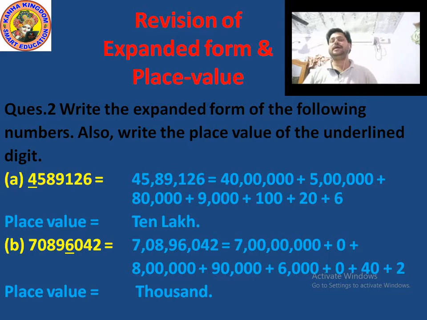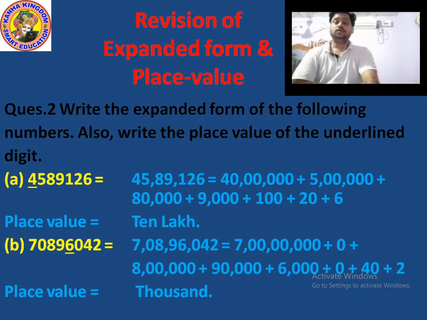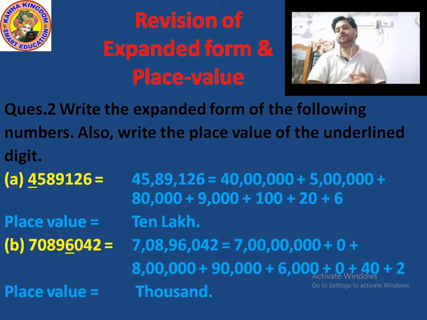So now you understand exactly how you can put commas in a proper way. Once again I repeat, 7 comma 08 comma 96 comma 042. And after inserting the commas, you now expand the number.